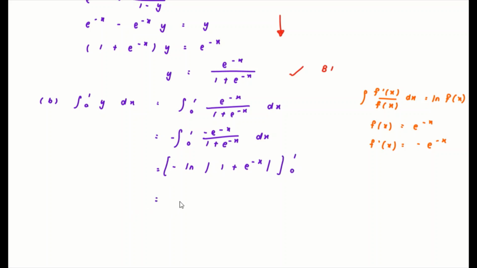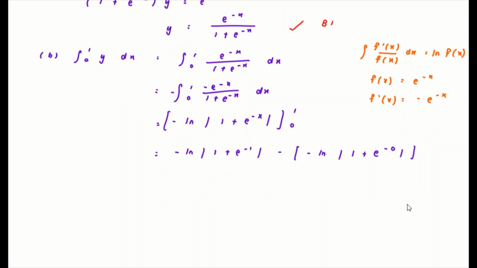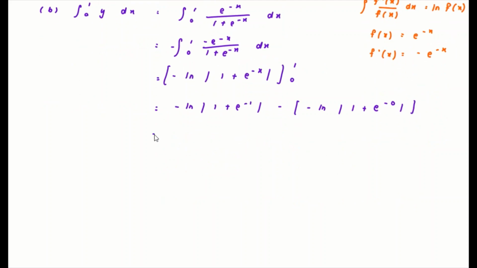Okay, so now let's do some substitution here. So negative ln 1 plus e negative 1 minus negative ln 1 plus e negative 0. So let's continue. So e to the power of negative 1, you'll get some kind of number, so we just try to leave it here.